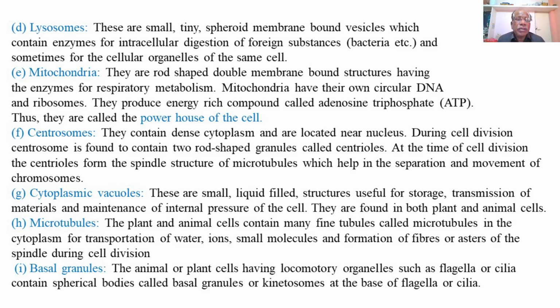So the locomotory organelles such as flagella or cilia are derived from these spherical bodies, the basal granules or kinetosomes.